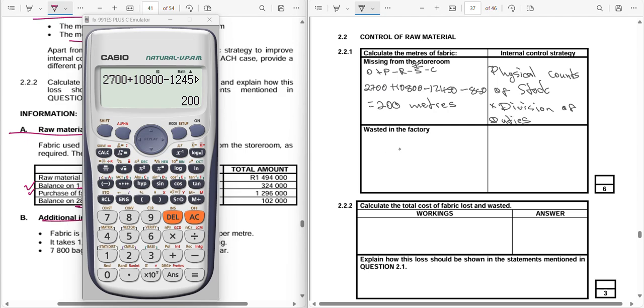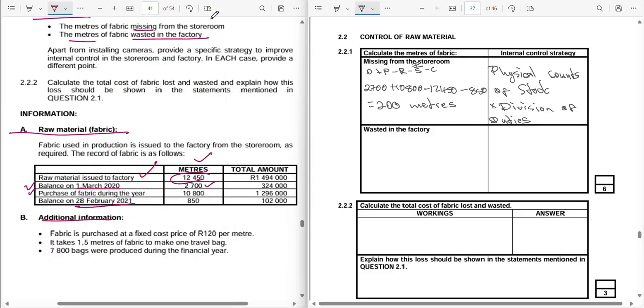All right. Now they want wastage. Yesterday I gave out a formula for wastage. I don't know if you were in the class when I was giving the formula. So now I'm not going to write down the formula. I will just follow the formula.